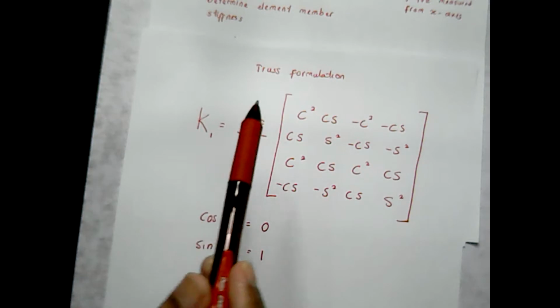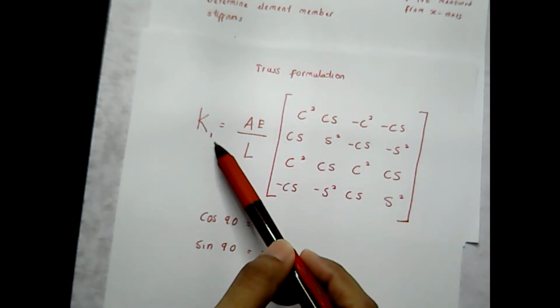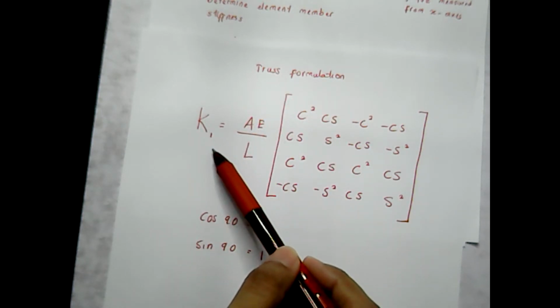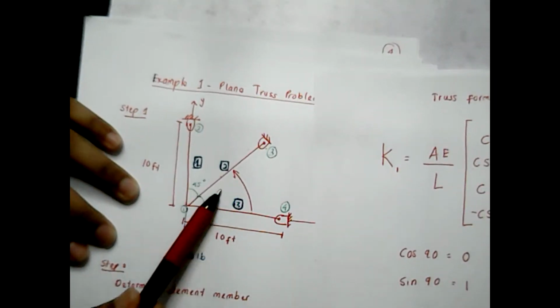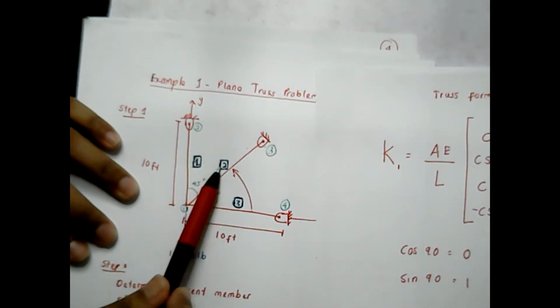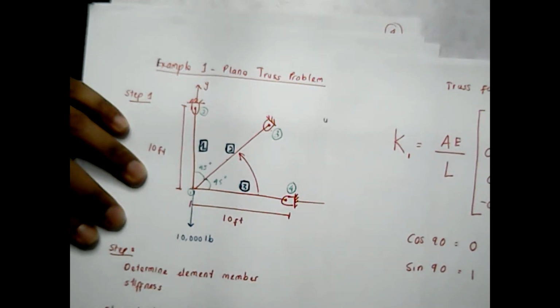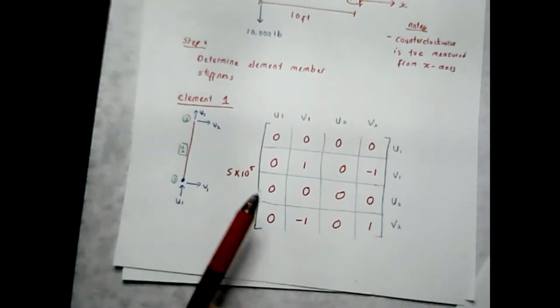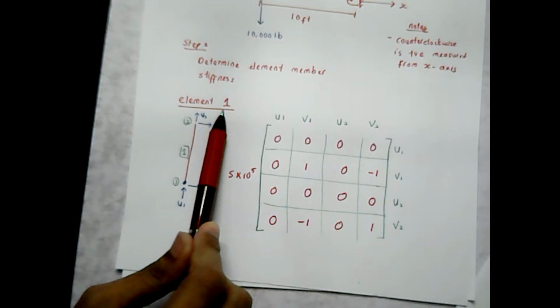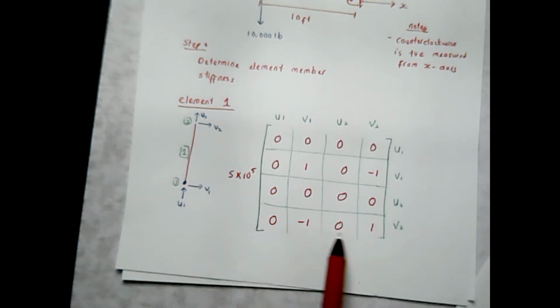So you have to do these truss formulations to determine the local element stiffness for all 3 members: member 1, member 2, and member 3. At the moment, the one that I have shown you is for element 1, and this is the stiffness matrix for local element 1.